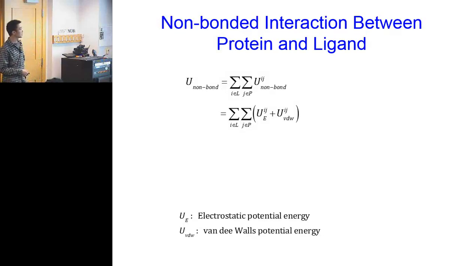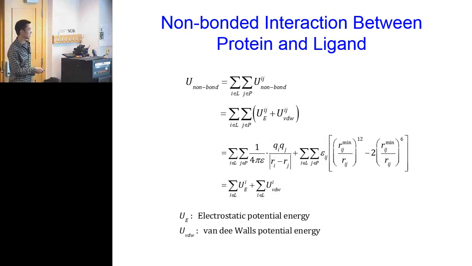So what we did is like this. Between the protein and ligand, there's only non-bonded interaction, which has two terms. The non-bonded interaction is the sum over all the atoms in the ligand and all the atoms in the protein, and it includes the electrostatic potential energy and the van der Waals energy.